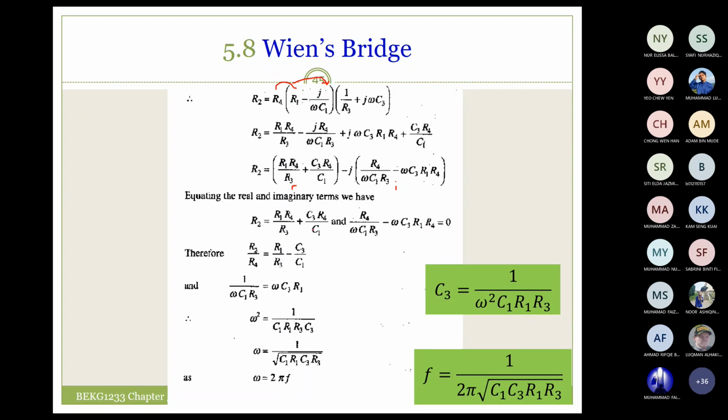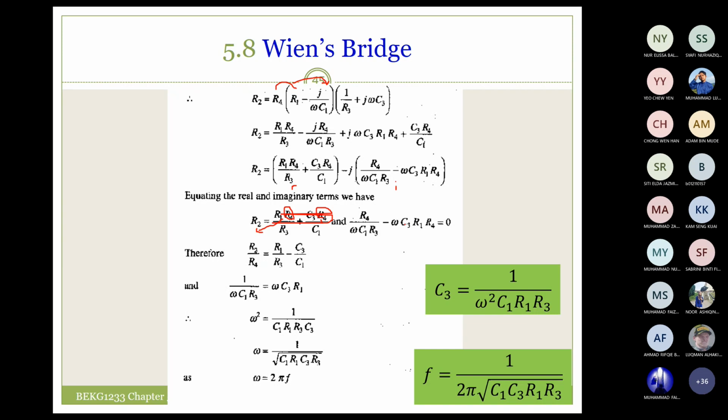Then for R2 over R4, we bring R4 on both sides to the bottom, and we get R1 over R3 minus C3 over C1.